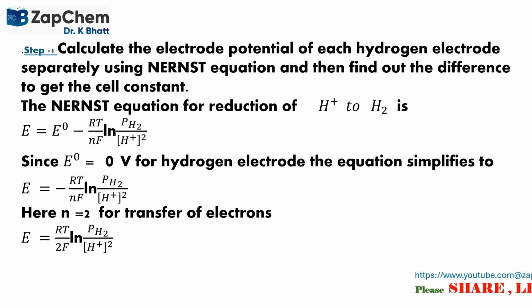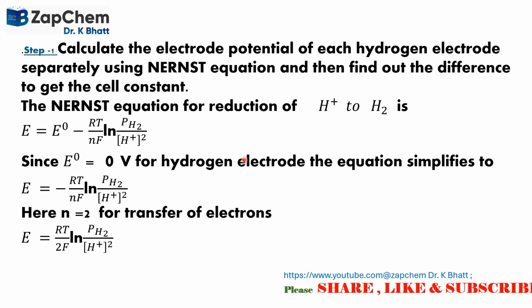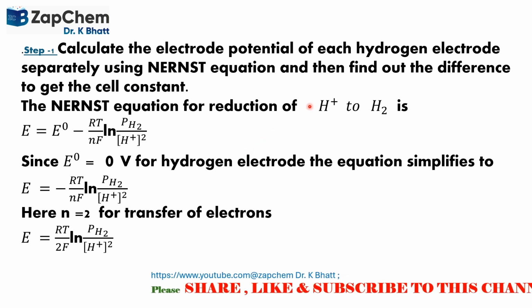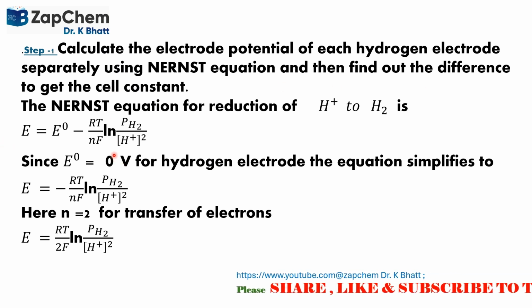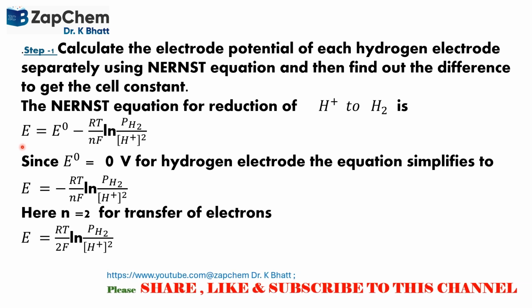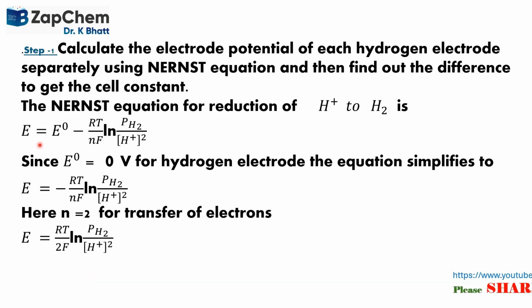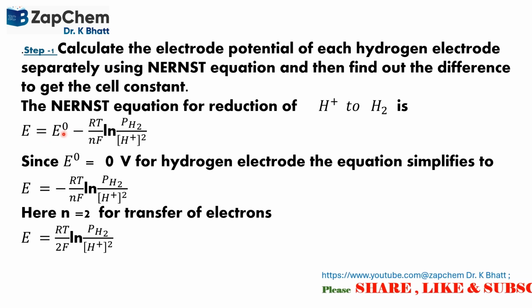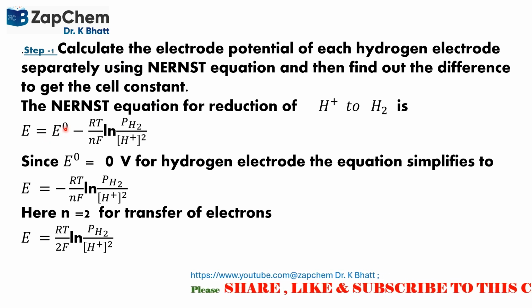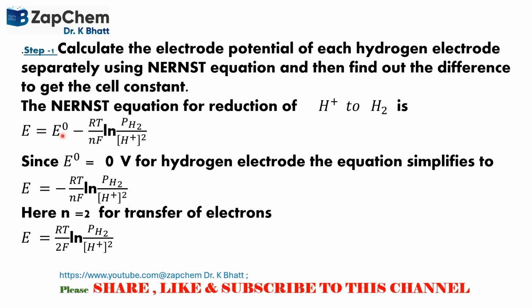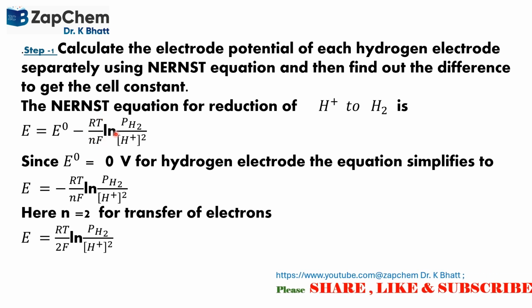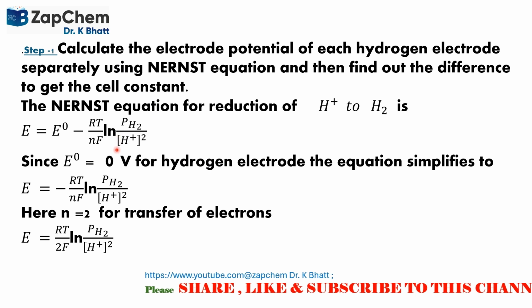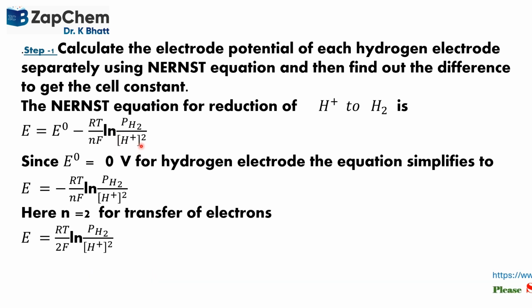It calls for certain stepwise calculations. The first step is to calculate the electrode potential of each hydrogen electrode separately using the Nernst equation, and then find out the difference to get the cell EMF. We know what the Nernst equation is, and very well we can say that E, that is the electrode potential, is equal to E naught, the standard electrode potential, minus RT by nF ln P of hydrogen, the pressure of hydrogen, upon the concentration of hydrogen ion raised to power 2.